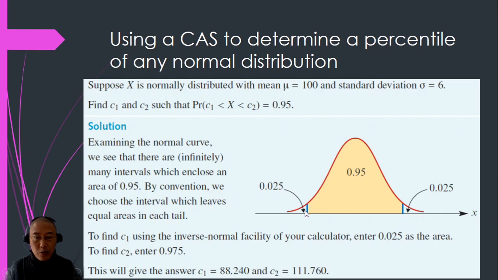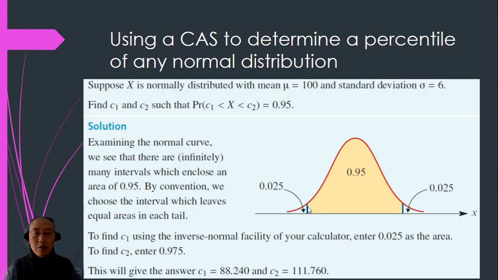You have two tails, one on the left, one on the right. They will be the same area, so they will be half of 5%, 2.5% on the left, 2.5% on the right. Your C1 value is here, your C2 value is there.